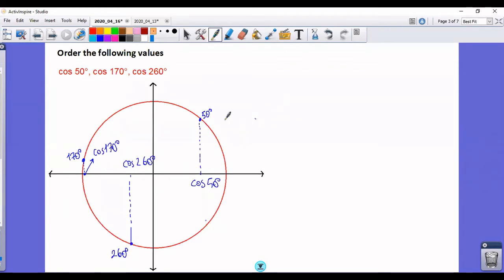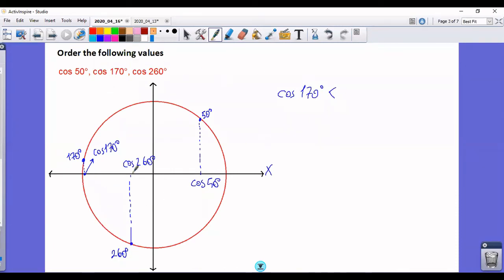So let's order these from the smallest number to the biggest number. On the number line, this is our x-axis, the smallest one is the leftmost. Cosine of 170 is the leftmost, so this is the smallest value here.